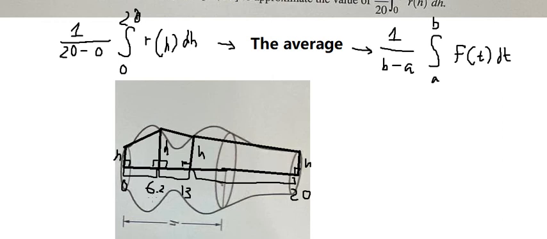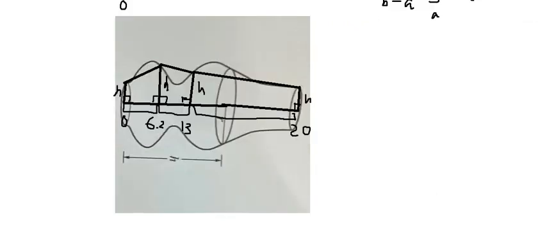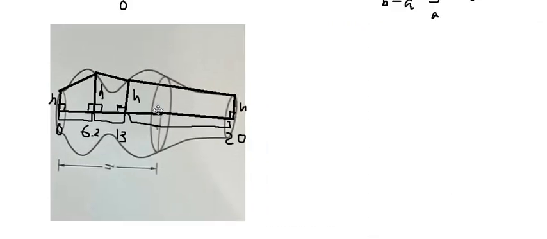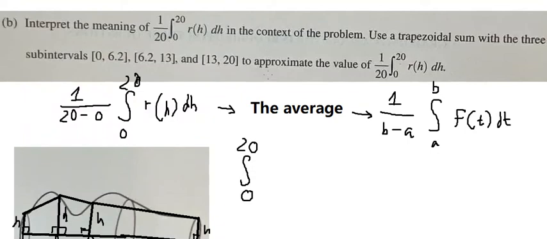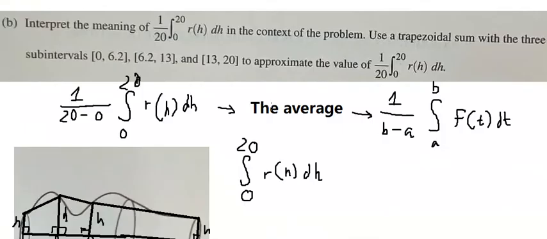So we can calculate the difference between two numbers here, similar for this one and this one. In this situation, we can find the approximation of the interval from 0 to 20, or h. The height here, the value at 0, is 2.5.